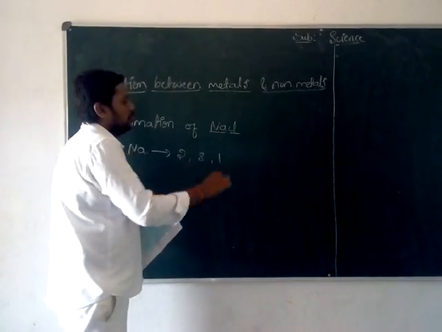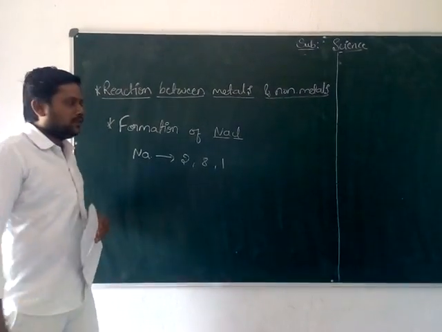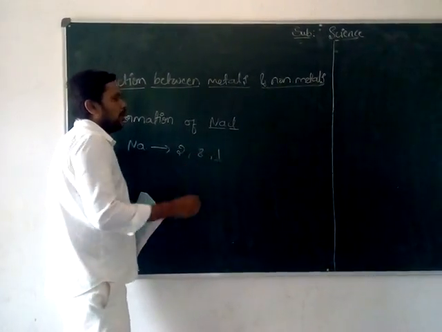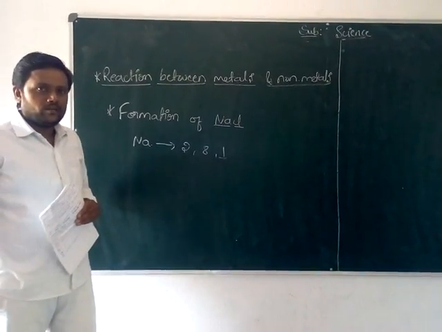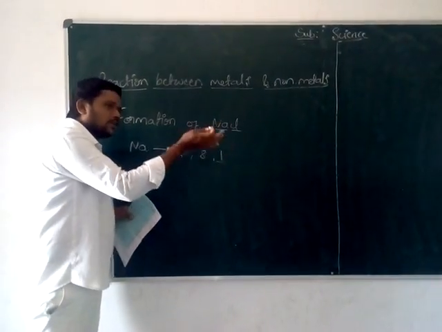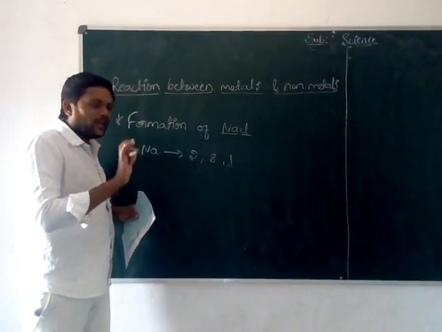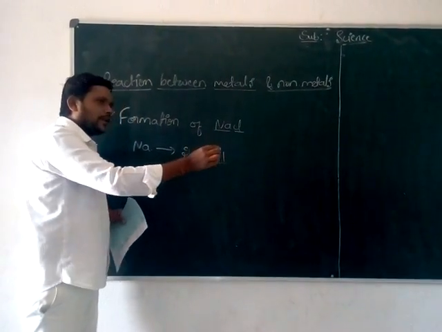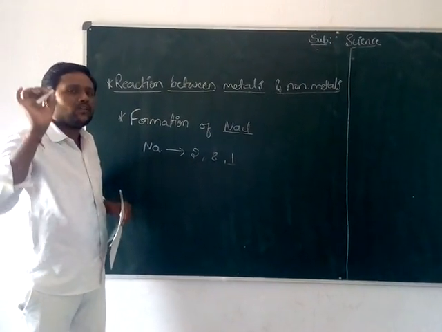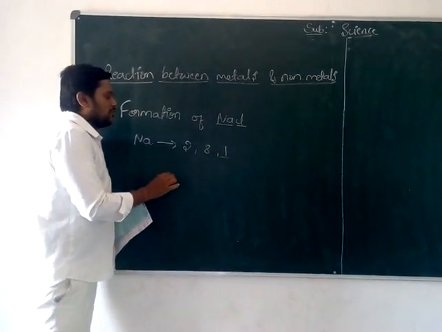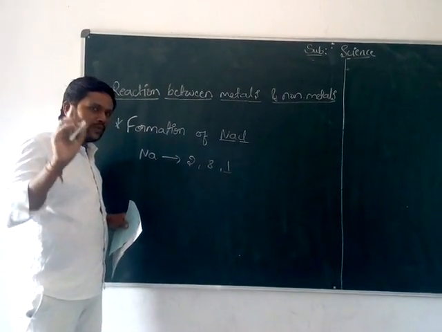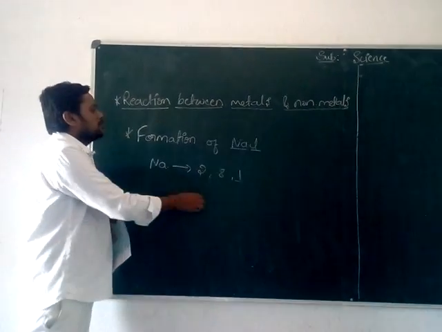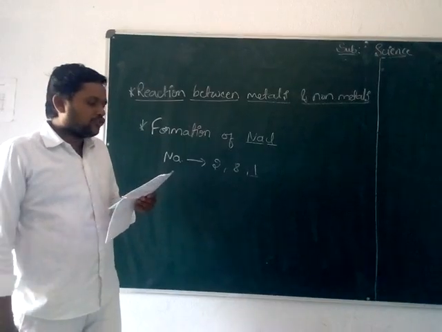This is the configuration of sodium. It means in the outermost shell, 1 electron remains. It has to take 7 electrons, otherwise it has to leave 1 electron to become a completely filled shell. Completely filled shell means 8 electrons should be there. So the sodium has 1 electron in its outermost shell.